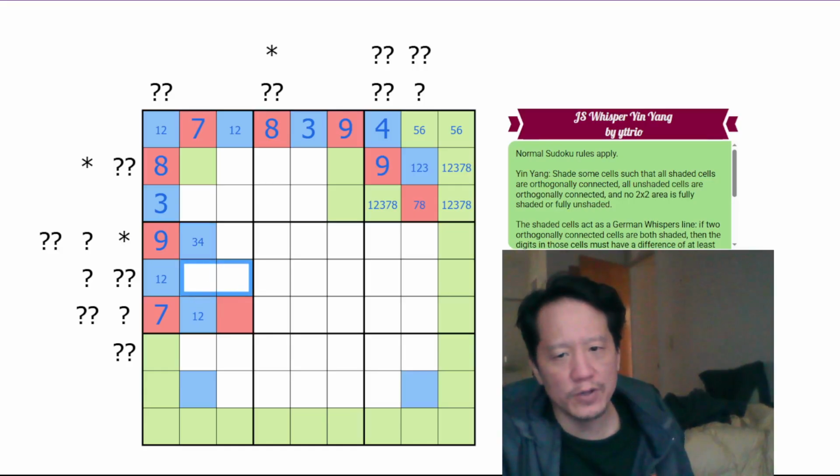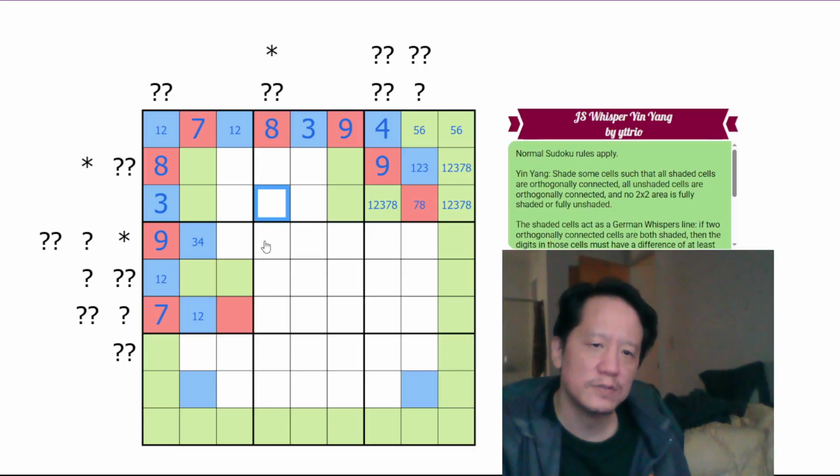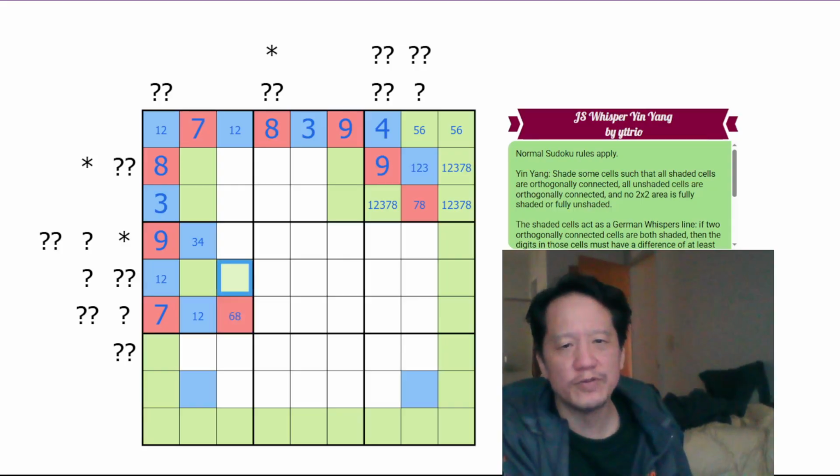This would not be shaded because it wouldn't... This would have to not be shaded also. So that's looking okay. This would have to be 6 or 8. So that would be fine.